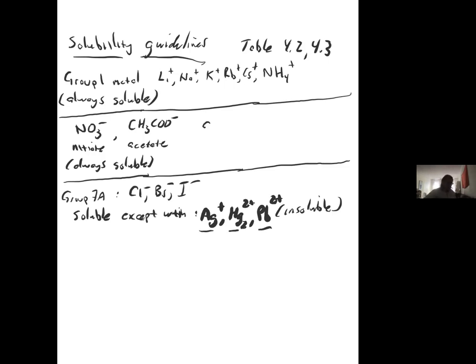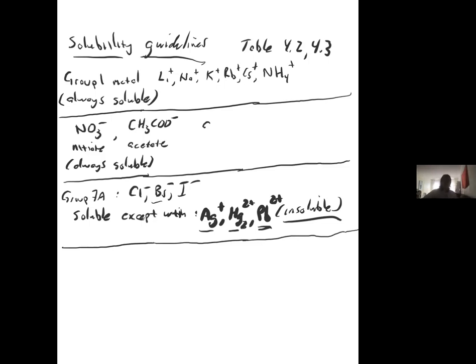So sodium chloride would be soluble. Calcium iodide would be soluble. So they're usually soluble, except with these three metals. So if you had silver iodide, now it becomes insoluble. If you had lead bromide, now it becomes insoluble. Okay. So notice there's some exceptions with that one. So a lot of them have exceptions is the issue.